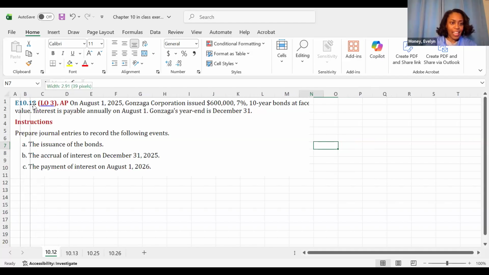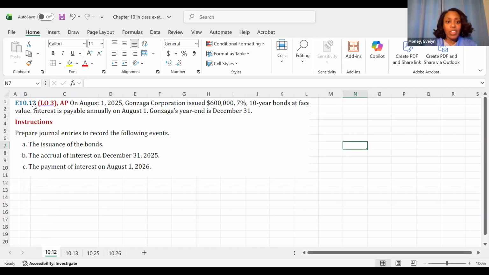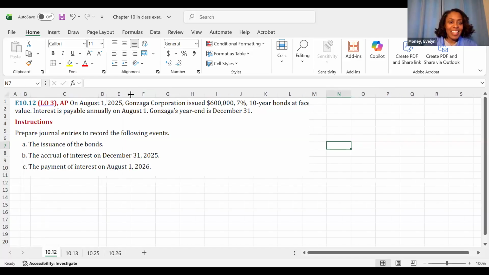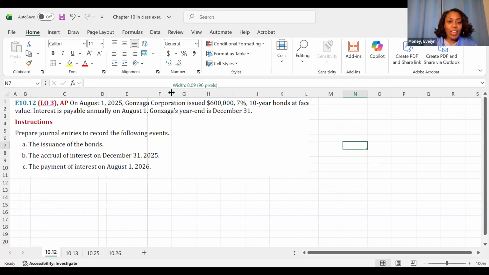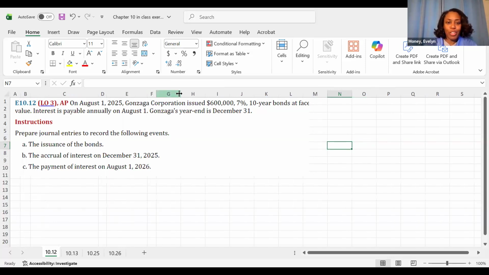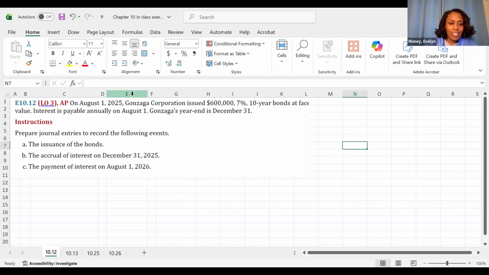Now, bear with me for a second. I should have resized my columns before I started recording this, but I forgot. So bear with me as I resize these. It will just make it easier for me when I'm trying to do my entries.